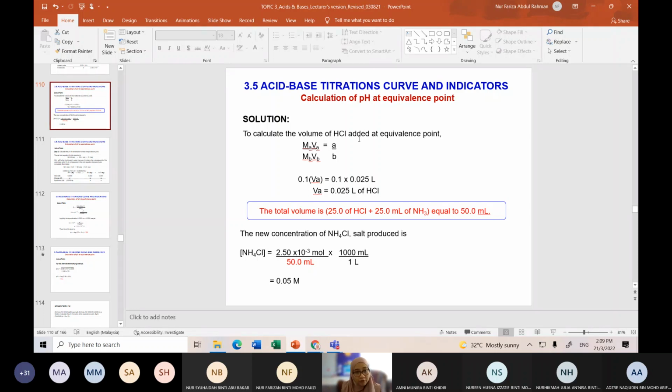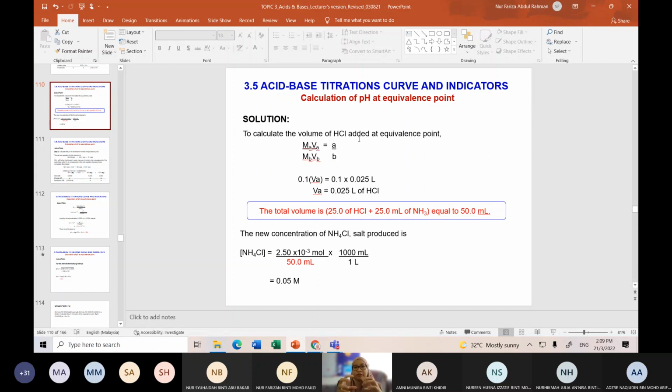we have several types of salt. Okay, not only neutral salt, we have acidic salt and also basic salt. Okay, all right. So the easiest way to determine the type of salt produced would be from the type of acid or base reacted.